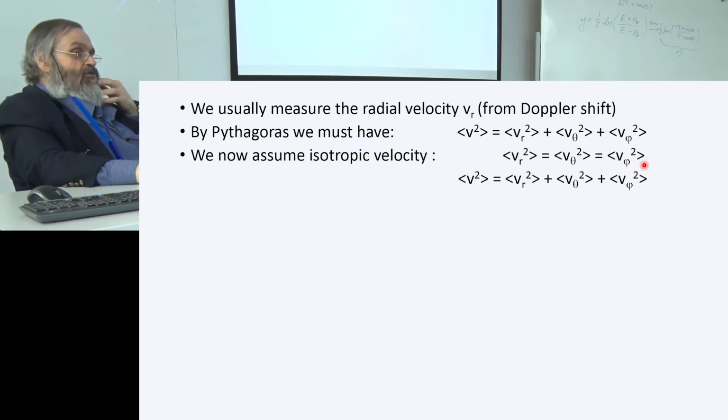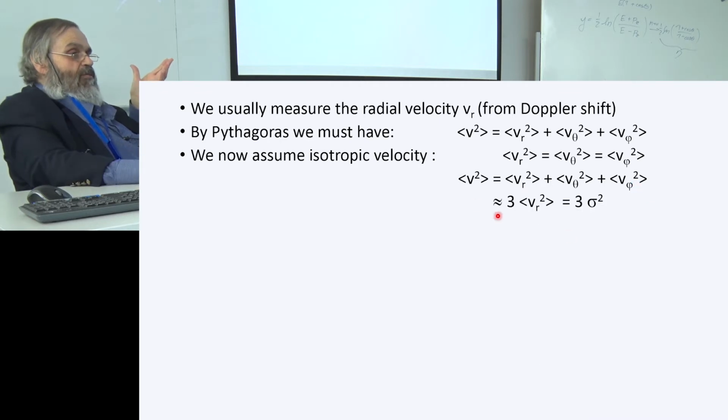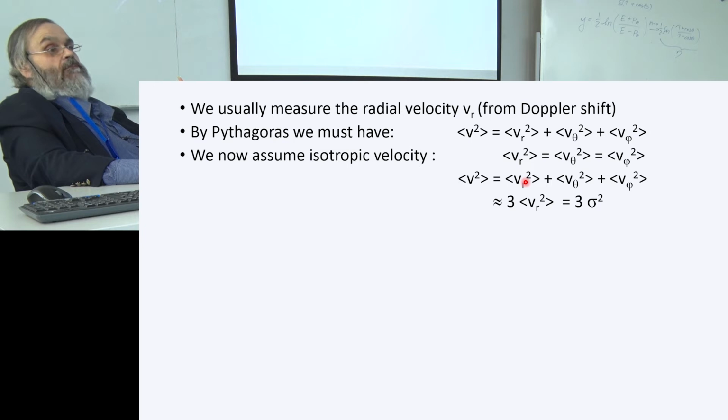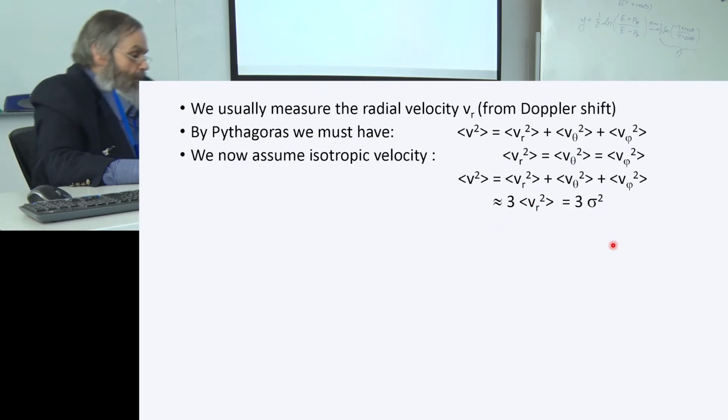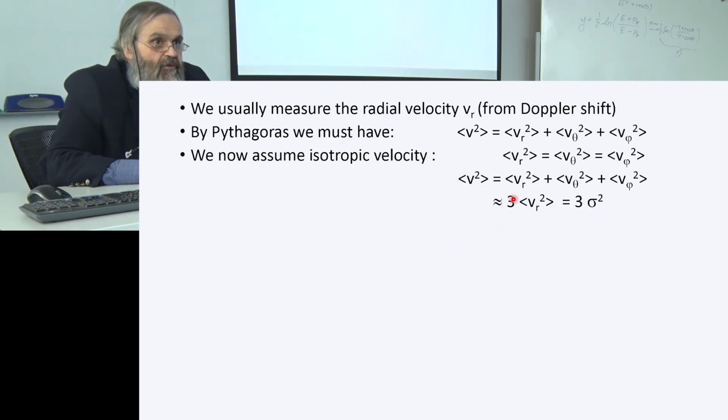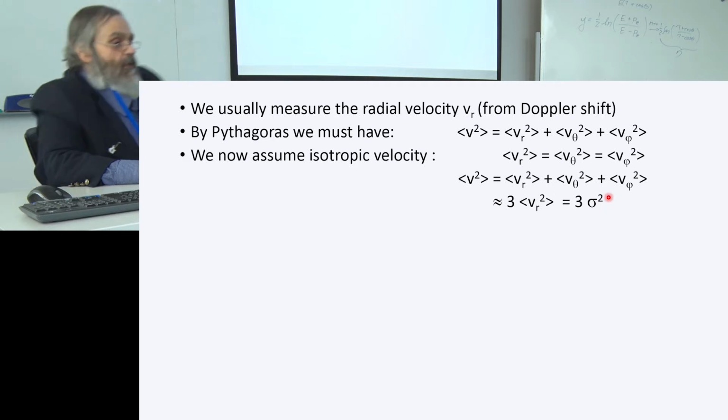So v squared will be 3 times whichever one we can measure, which is the radial one, sigma squared. So we measure the radial velocities, subtract the systemic velocity, and multiply by 3.